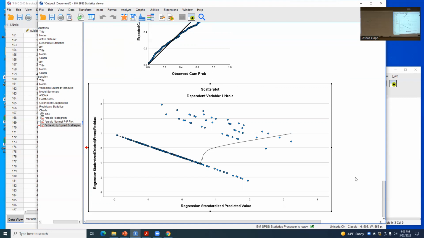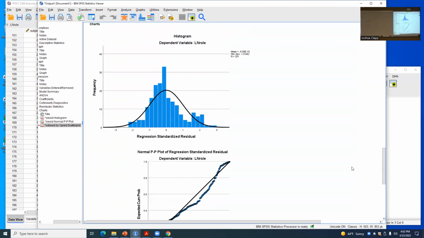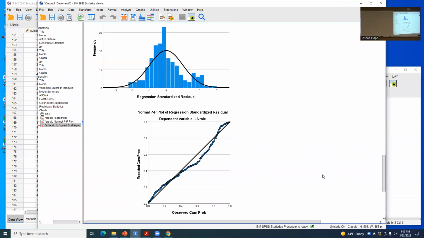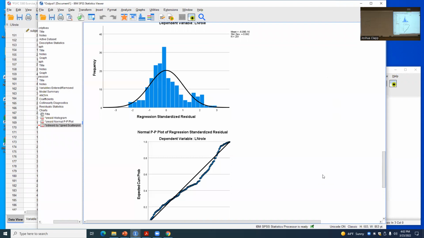Okay. But if we take a look at the distribution of our residuals as a whole, our marginal distribution here, what are we thinking about the distribution in terms of normality? What do you think, Matt?